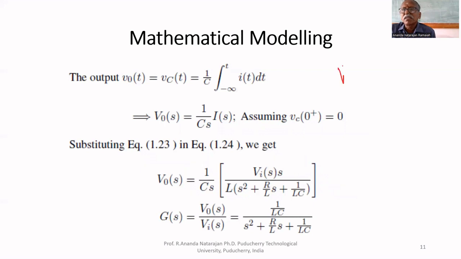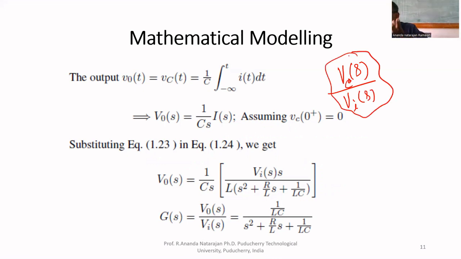The definition for transfer function is the Laplace transform of output, since we are assuming the voltage across the capacitor as output, upon V I of s. If we find this, then it is also a transfer function.